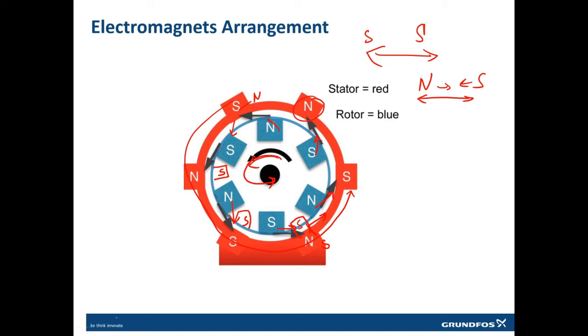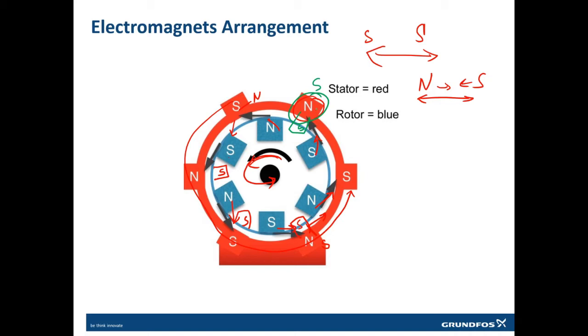Now this north I will change to south, because already this south was earlier pushed and here it is south. Remember, in the beginning I said I can change the direction of the magnetic field. How? By changing the direction of the current. I will come to how I change the direction of the current.